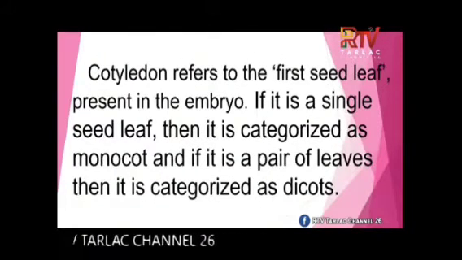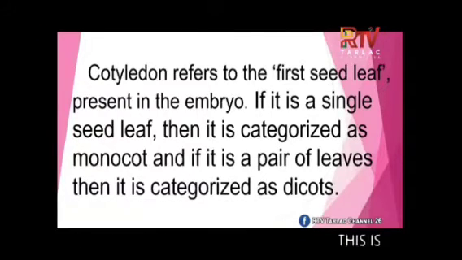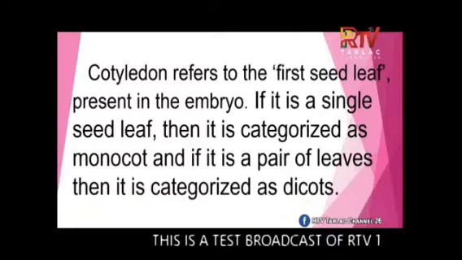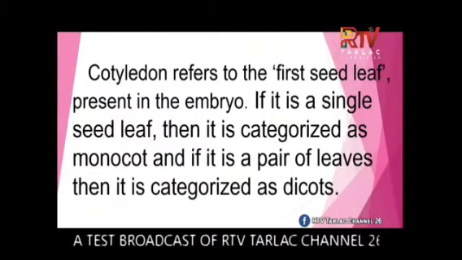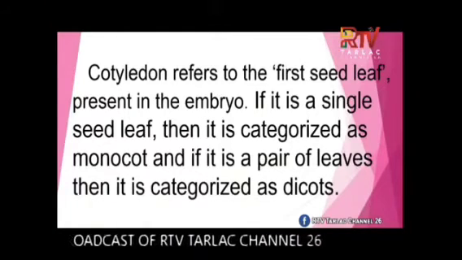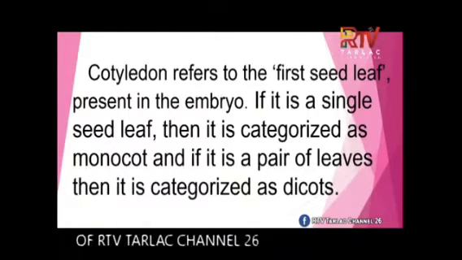Cotyledon refers to the first seed leaf present in the embryo. If it is a single seed leaf, then it is categorized as monocot, and if it is a pair of leaves, then it is categorized as dicot.